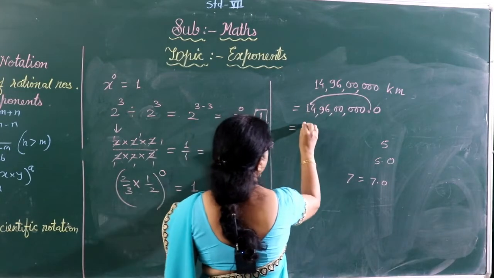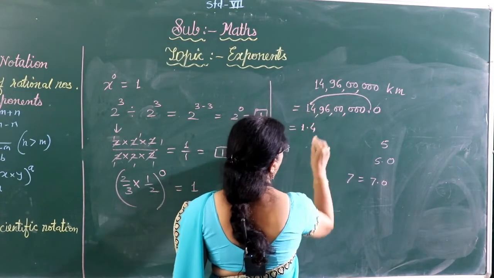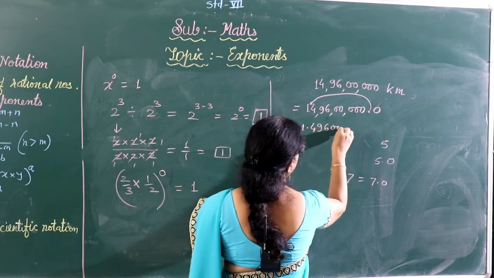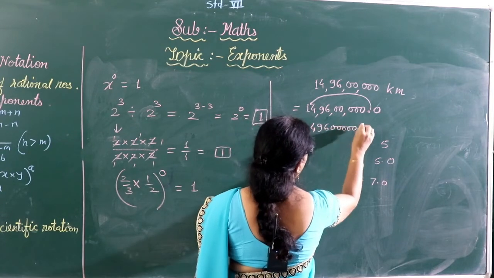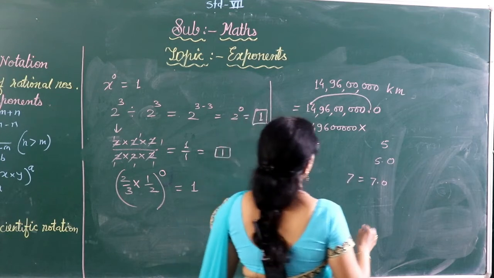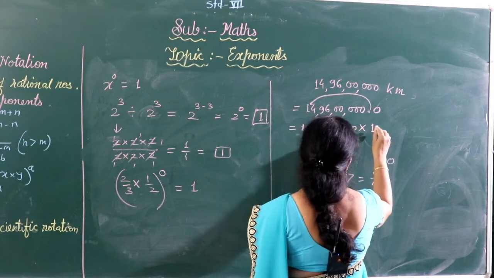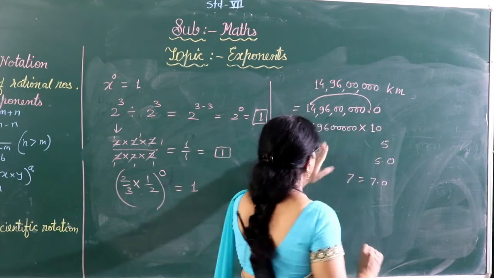So we can write this as 1.49600000 multiplied by some number.